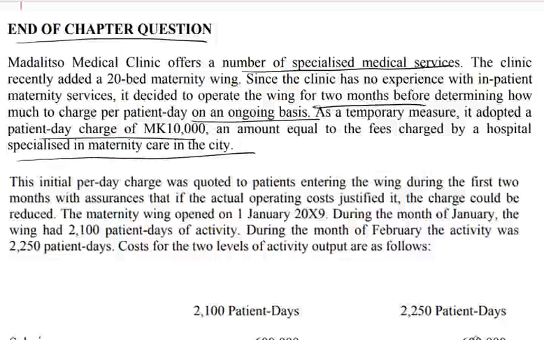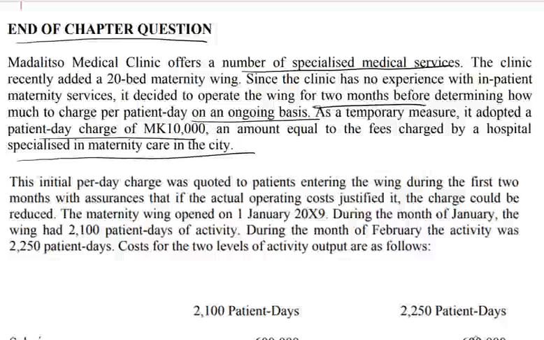The initial per day charge was quoted to patients who entered the wing during the first 2 months, with the assurance that if the actual operating cost justified it, the charge could be reduced. The maternity wing opens on 1 January 20x9.